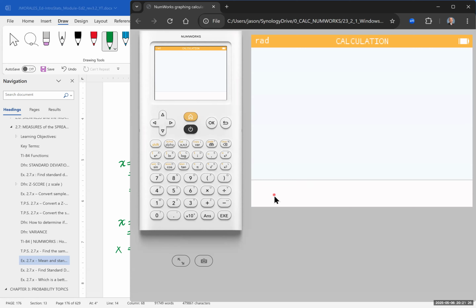Okay, so I can't reference the variables like before, but I did store the sample mean in capital letter M. So I'm going to hit Shift Alpha M plus a z-score of -2 times the standard deviation, and I think I put that in lowercase s. All right, so I get 9.0932.